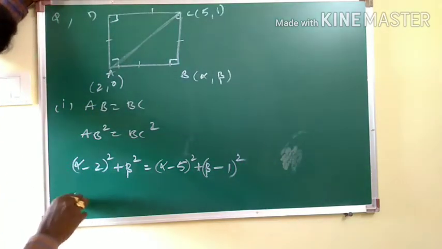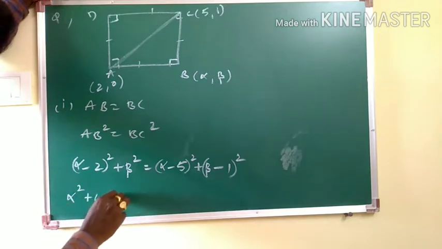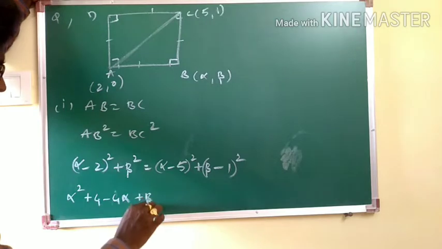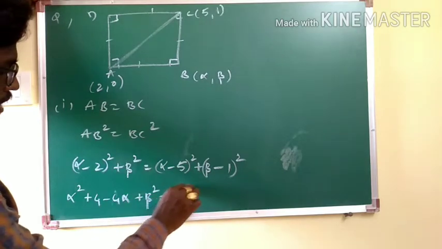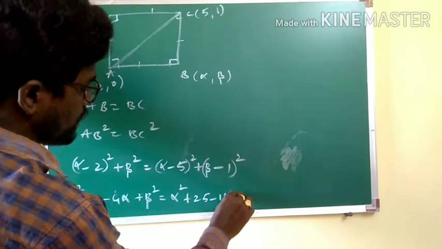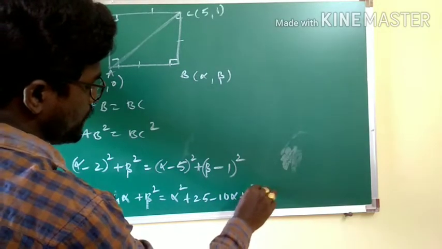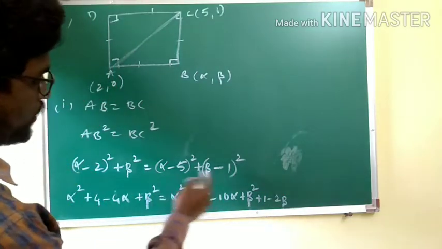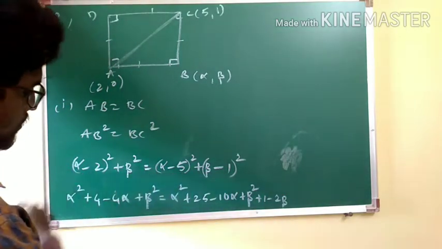Let's expand this. Alpha square plus 4 minus 4 alpha plus beta square is equal to alpha square plus 25 minus 10 alpha plus beta square plus 1 minus 2 beta, according to the A minus B whole square formula in all the three cases.